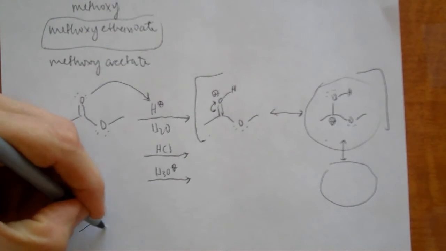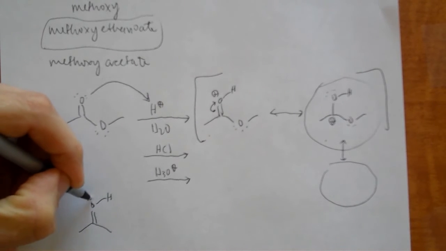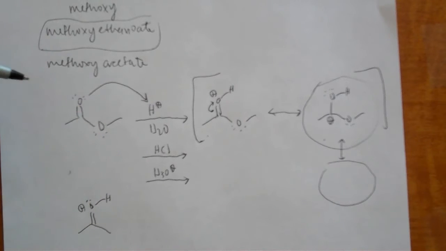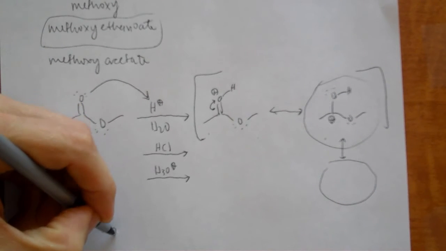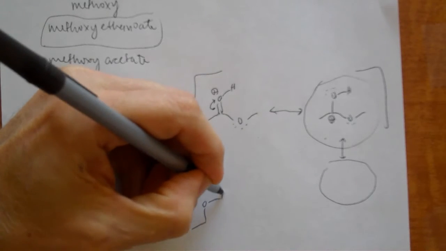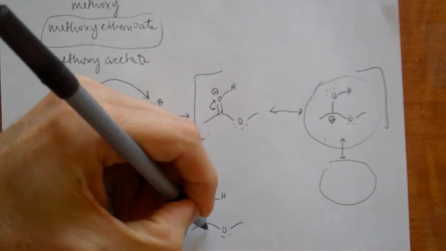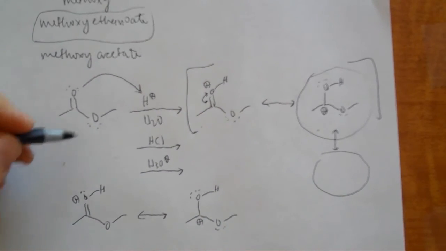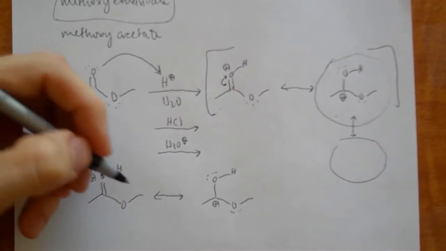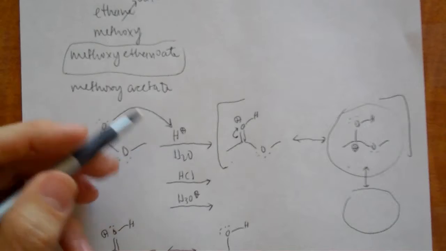So the structure that we have then in our mechanism is this. And the next step for ester hydrolysis is a water molecule, which I have here. But it's all in the same bucket.